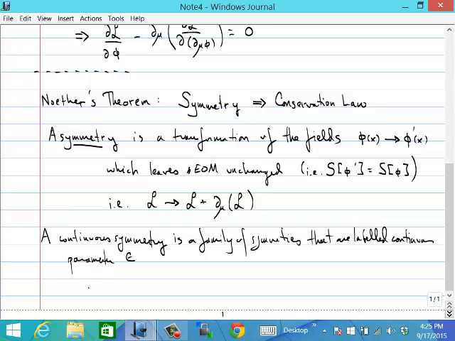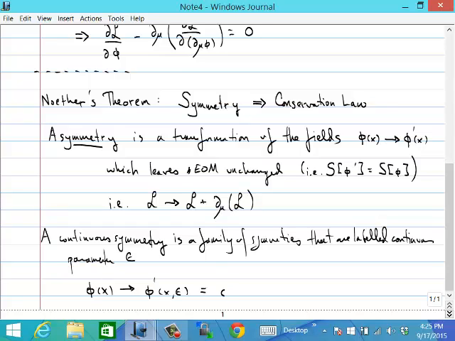So that, for example, the change of field variables, so phi is a function of your point in space-time. And under this symmetry transformation, it'll go to some phi prime that depends on where you are in space-time, as well as our parameter epsilon. And I'll choose my parameter epsilon so that when epsilon equals 0, you don't do anything. Okay.